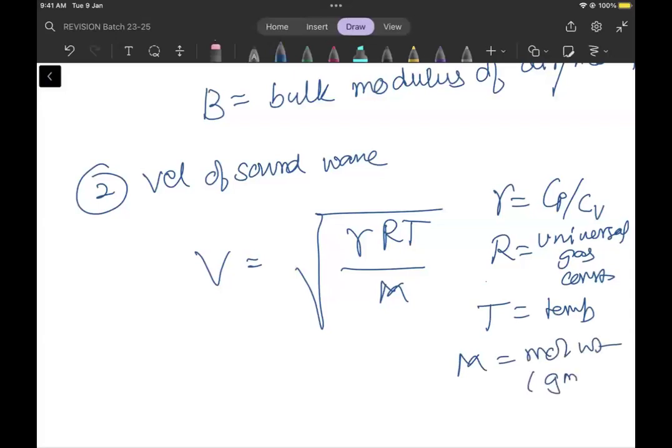Please remember, ये grams में होता है, but you have to use kilograms. Okay, please don't make a mistake here. Hydrogen का molecular weight, hydrogen molecule का molecular weight 2 नहीं होता है, 2 × 10⁻³ होता है. So if you calculate the velocity of a sound wave and you don't put in the kilogram वाला units, तो गड़बड़ हो जाएगा, बहुत कम आ जाएगी sound.